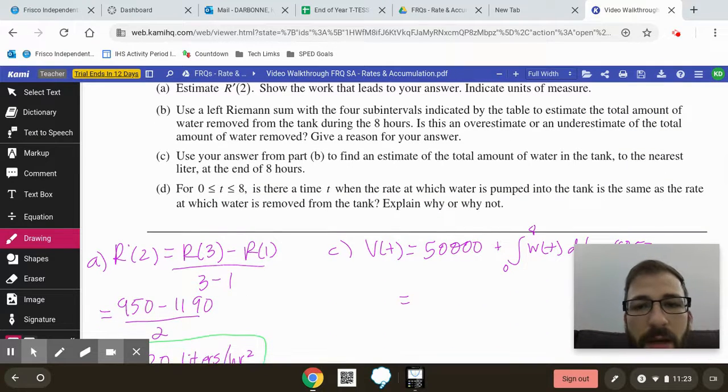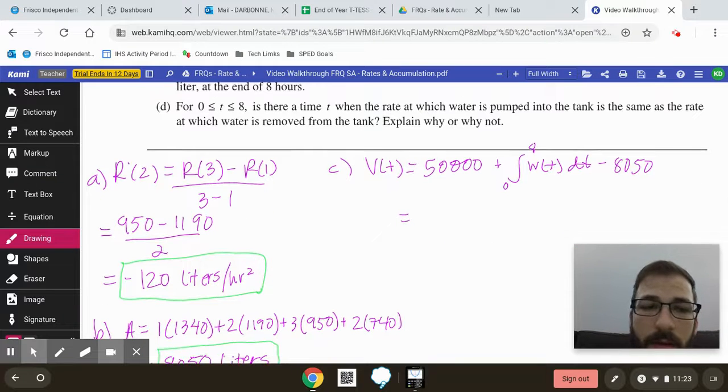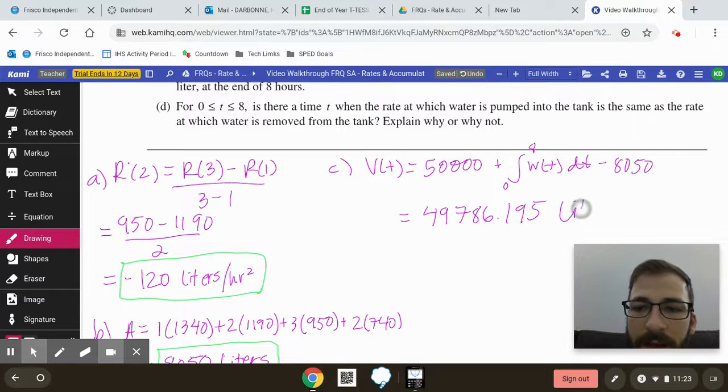Let's see. Nope. So 49,786.195, and then liters, because that is an amount in liters because we integrated.